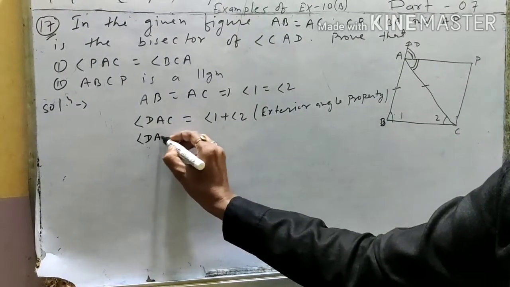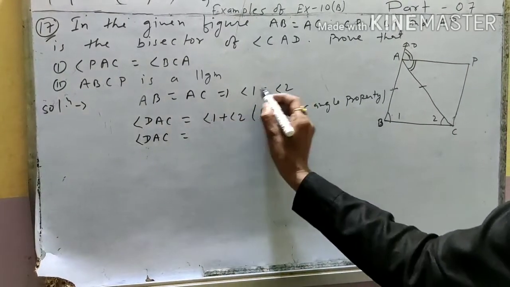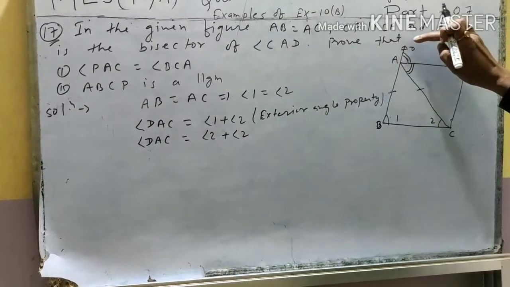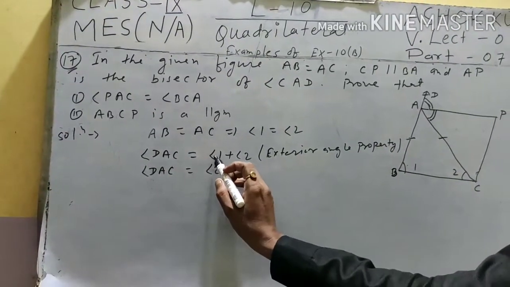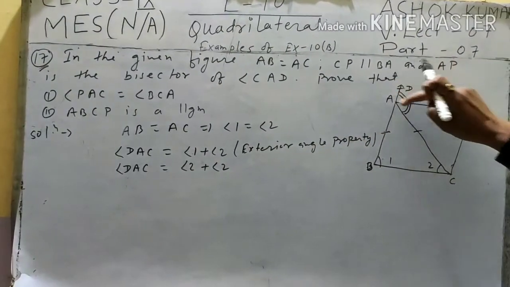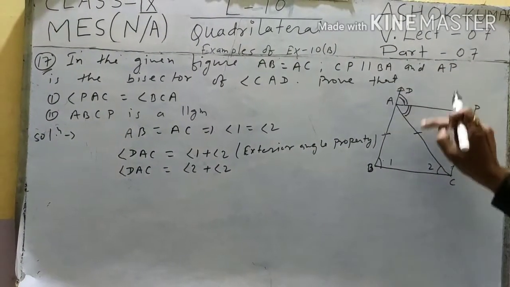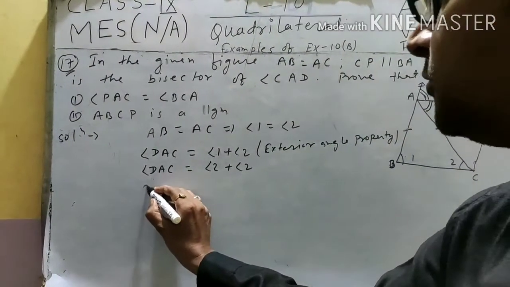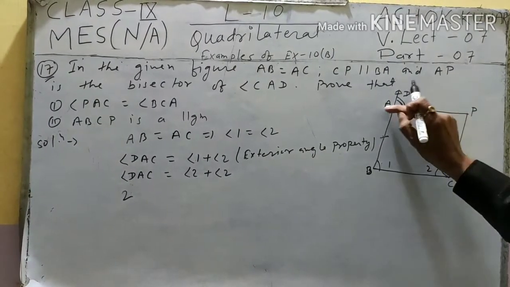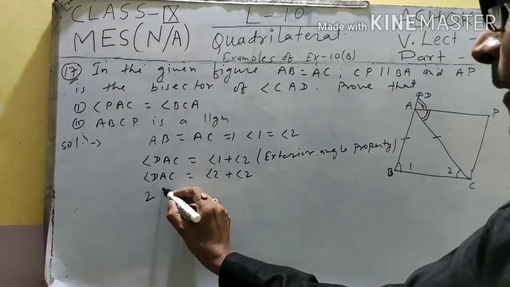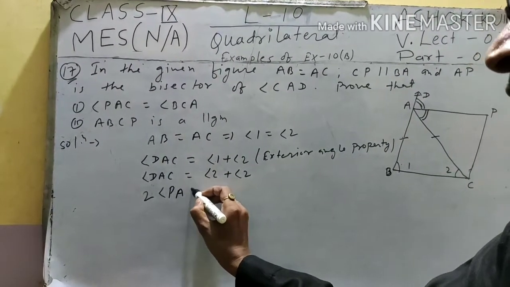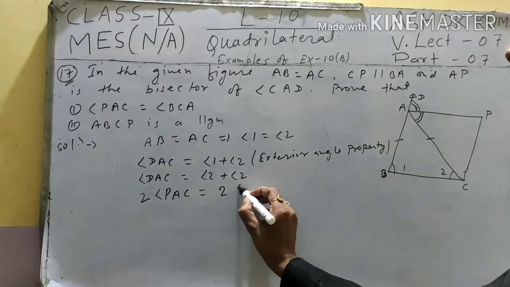Angle DAC is equal to angle 1 plus angle 2, and angle 1 is equal to angle 2, so angle DAC is angle 2 plus angle 2. AP is the bisector of angle DAC, so we can write 2 times angle PAC is equal to 2 times angle 2.